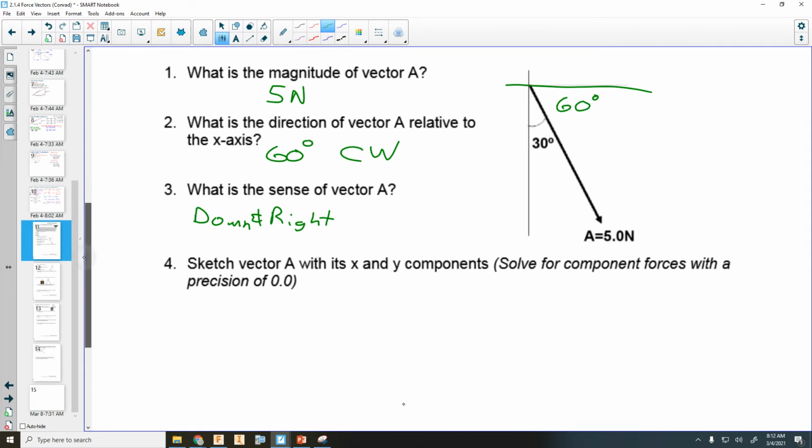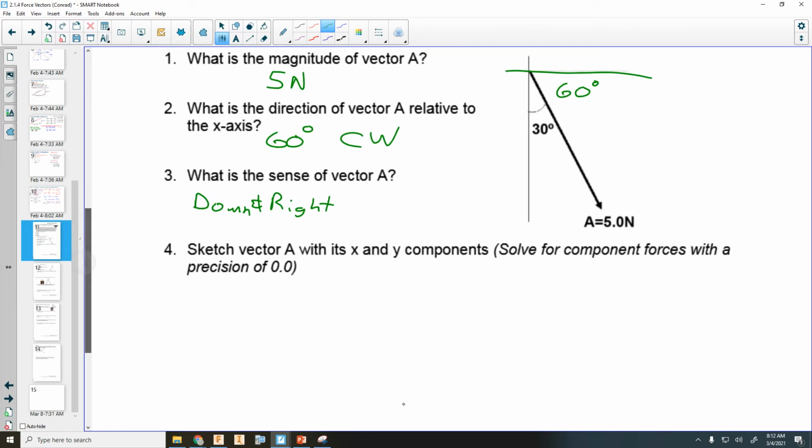Okay, so then it says sketch vector A with its x and y components. All we got to do is add the x and y components and then solve for them. A lot of times they do give you directions on how much precision to use for the final answer.